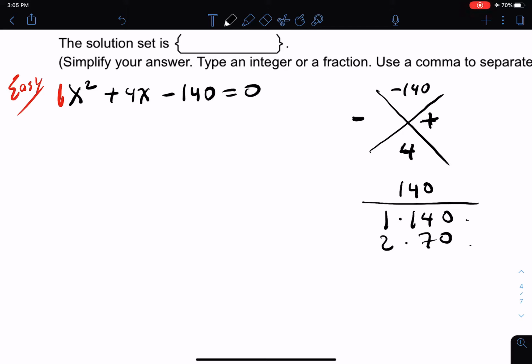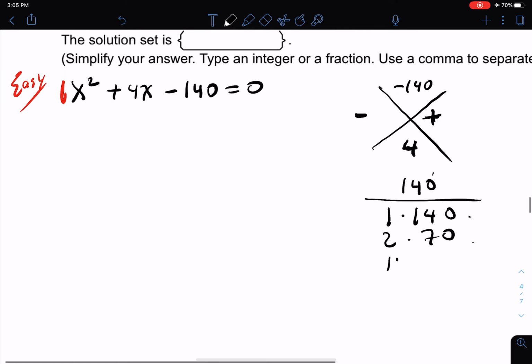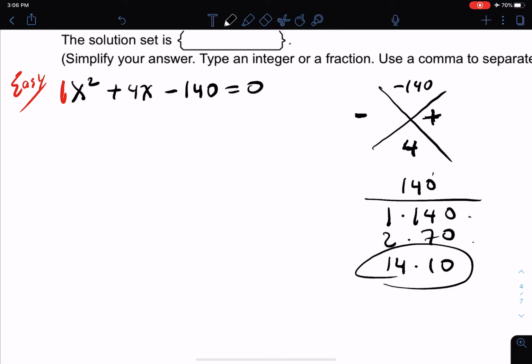Sometimes realizing that if it ends in a 0, that would be 14 times 10. And wait a minute, I just lucked out, right? There it is. So positive 14 and add that to a negative 10 is going to give us a 4, and it's going to multiply to negative 140.